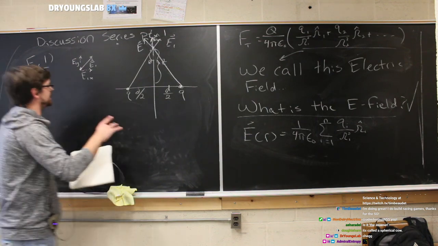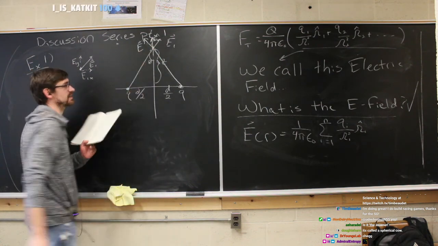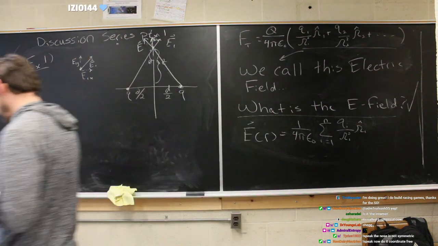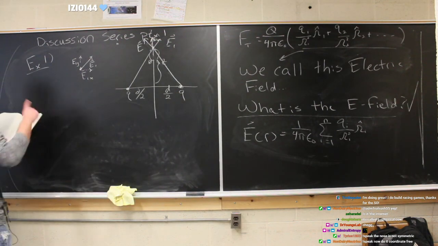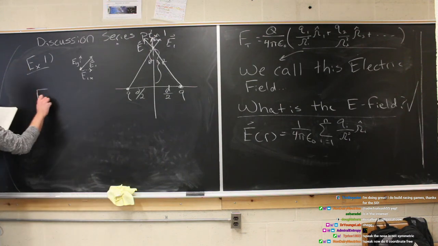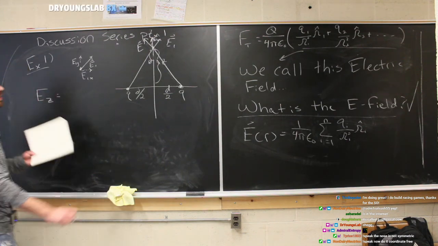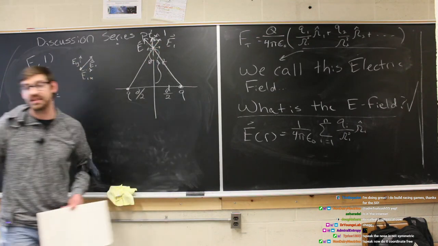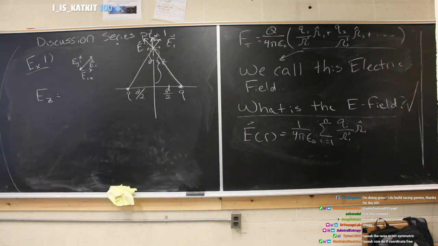And symmetry tells us that these two things are going to have two vectors. So let's say this is the EZ direction, okay? And symmetry tells us there's going to be a vector in this direction and a vector in this direction that are going to be equal and opposite.